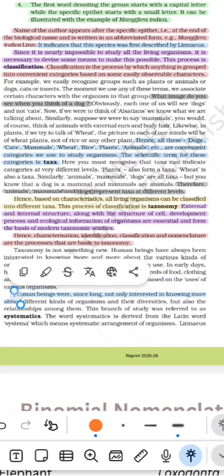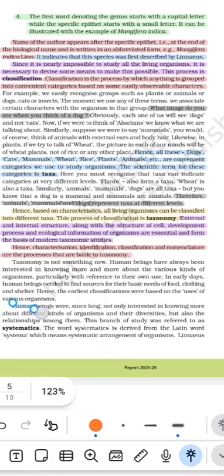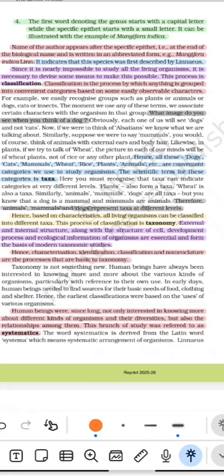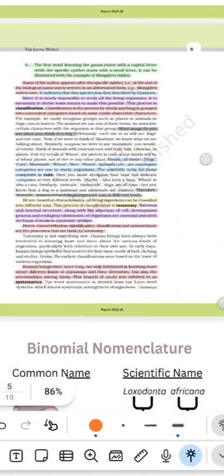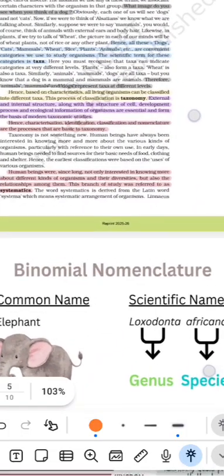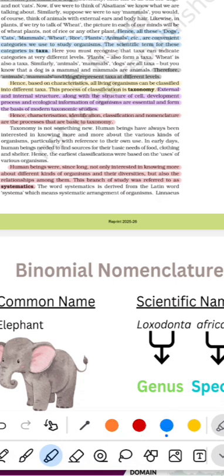It is an important question for all of us. The word systematics is derived from the Latin word systema, which means systematic arrangement of organisms. So this is another important question, so you must underline it.